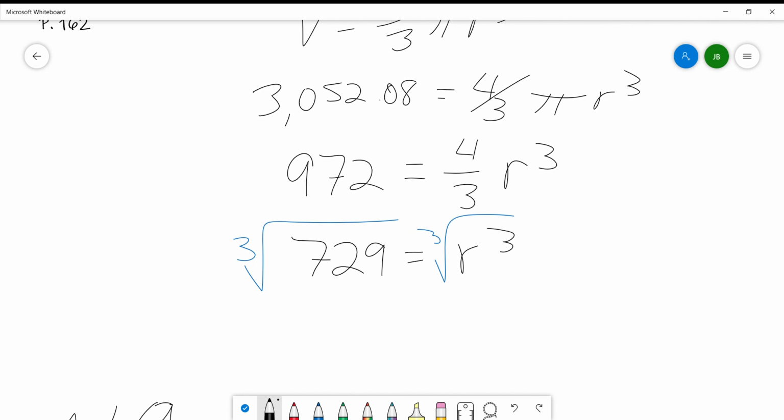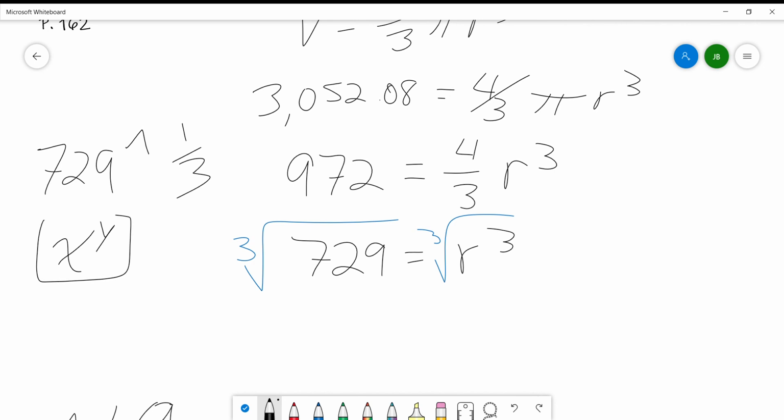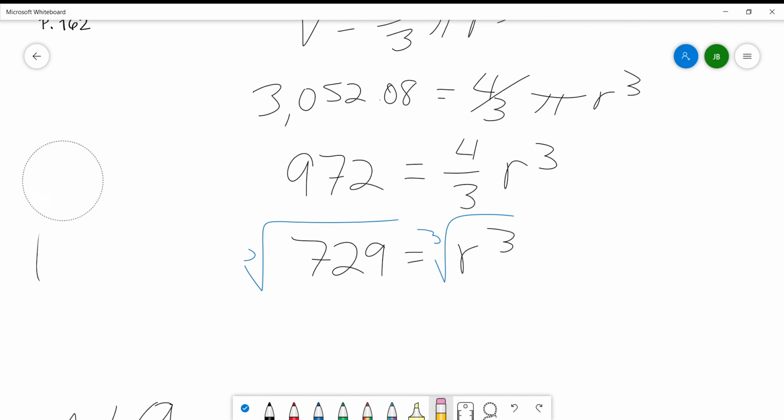You type 729, and you're going to either do the caret feature to raise to the power of 1/3, or a button that looks like x to the y, and then parentheses 1 divided by 3, close parentheses, equals. Basically, you're going to raise it to the power of 1/3. However your calculator raises something to a power, raise it to the power of 1/3.